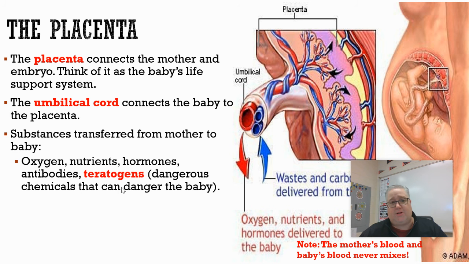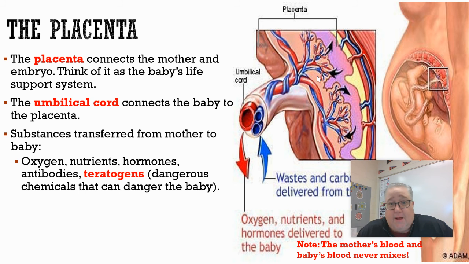Here's a new word here. It's called a teratogen. Teratogens are dangerous chemicals that might pass from the mother's bloodstream to the baby's bloodstream. One thing that comes to mind might be alcohol. Maybe you've heard of something called fetal alcohol syndrome. If the mother is drinking while she's pregnant, alcohol can actually pass from the mother's bloodstream, across the placenta to the baby.